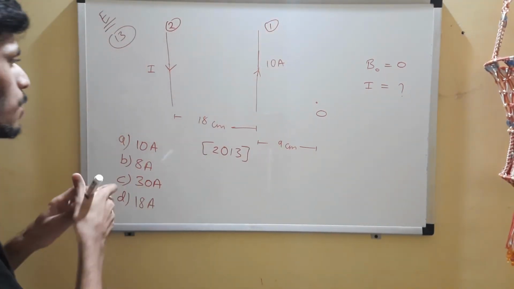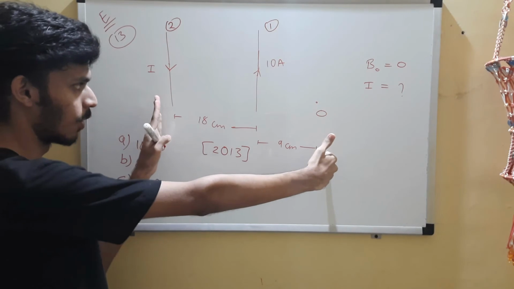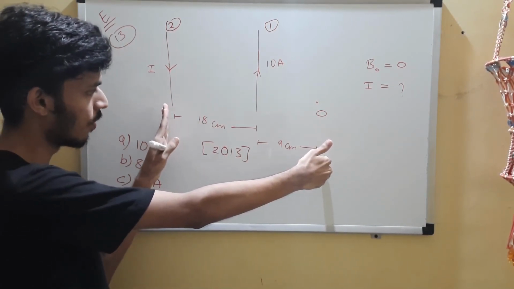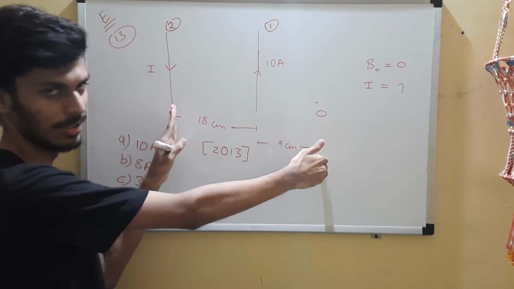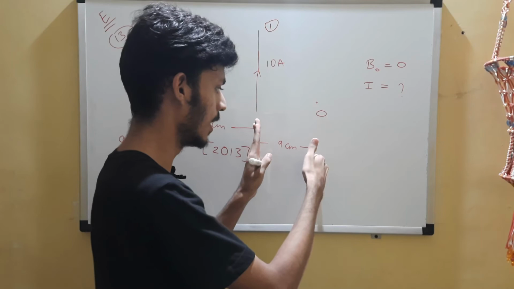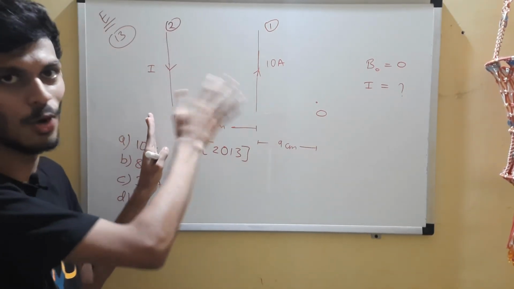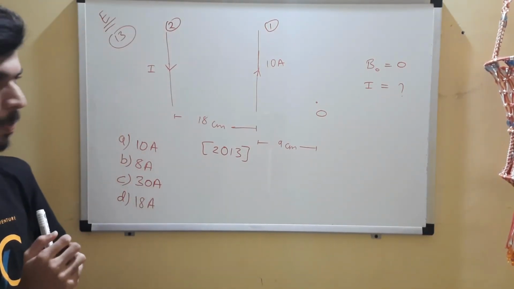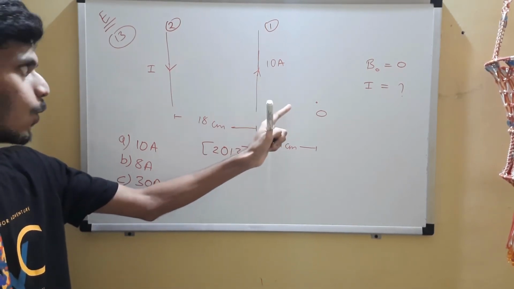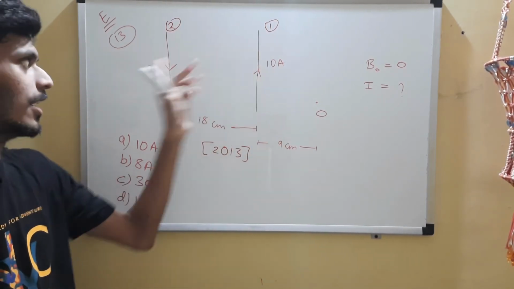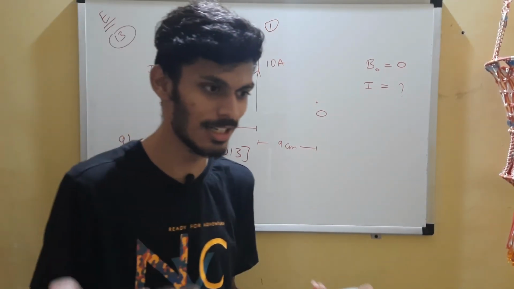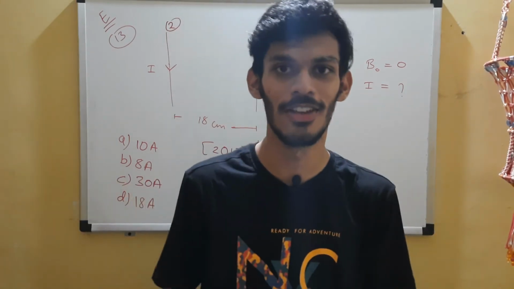Wire 2 is spaced away from point O at a distance of 27 centimeters, and wire 1 is just at a distance of 9 centimeters. So the distance factor is not favorable for wire 2. In order to cancel the magnetic field at point O due to wire 1, it has to have more current than wire 1, because the distance factor is not favoring it.